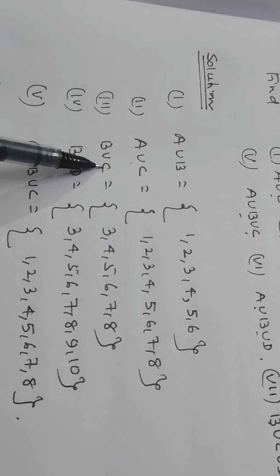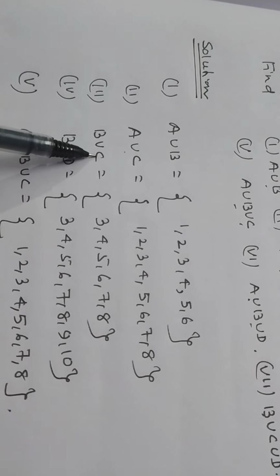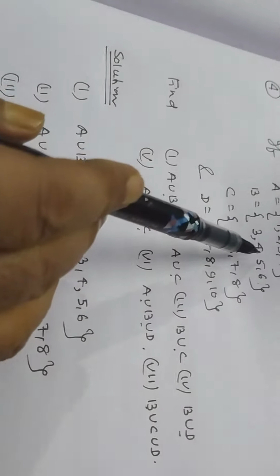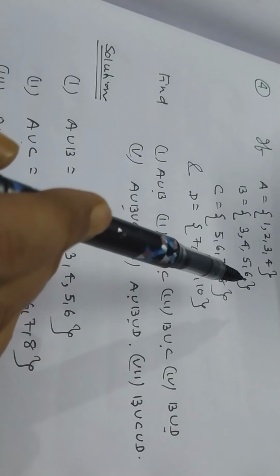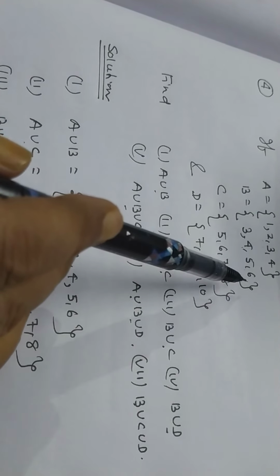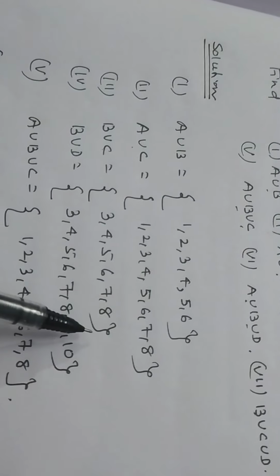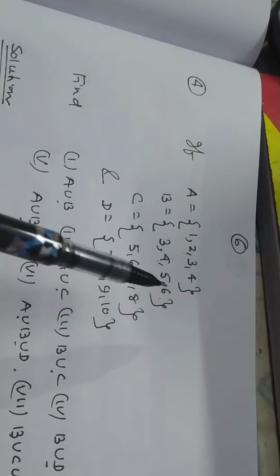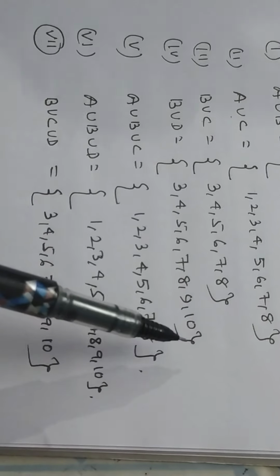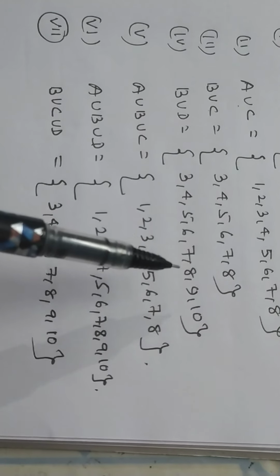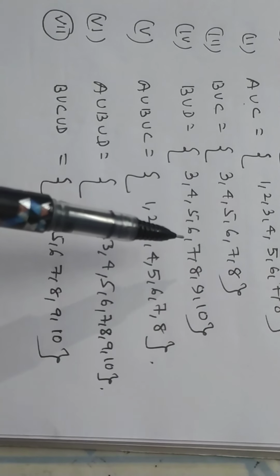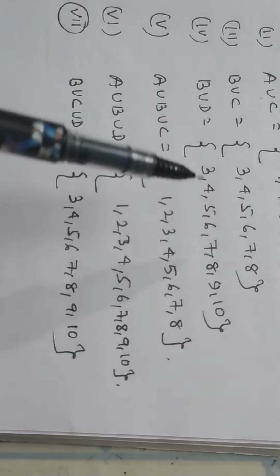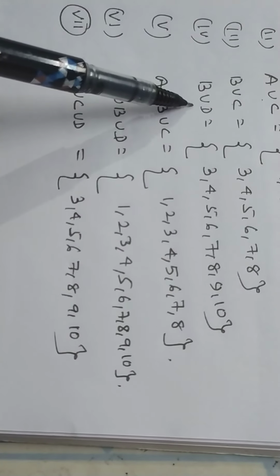B union C. Some elements are common, so you write 3, 4, 5, 6 and 7, 8 only. B union D. 3, 4, 5, 6 and D is 7, 8, 9, 10. My dear students, in this way we will write the elements of A union B, A union C, B union C, B union D.